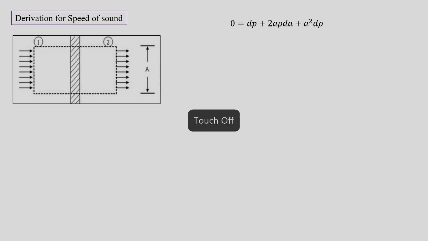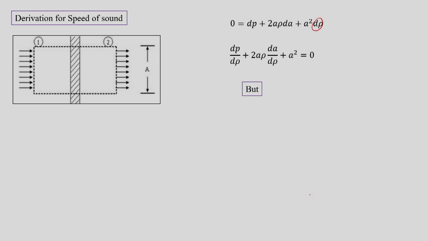So we get three terms in the equation equal to 0. Let us divide the terms by d rho, and we have dP by d rho plus twice a rho dA by d rho plus a square. But we know from the mass conservation equation that d rho by dA is equal to minus rho upon a.